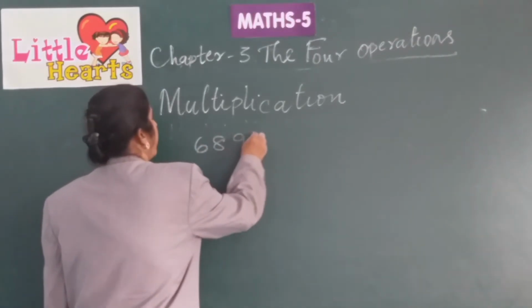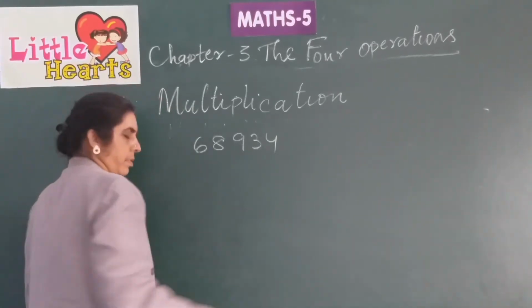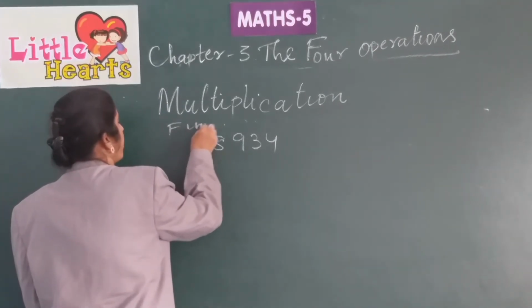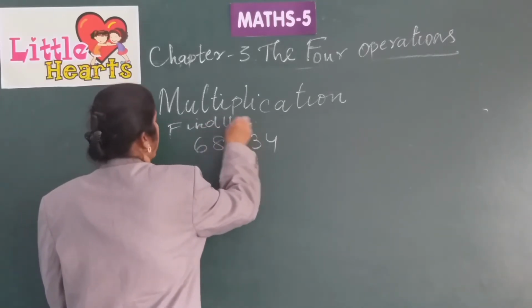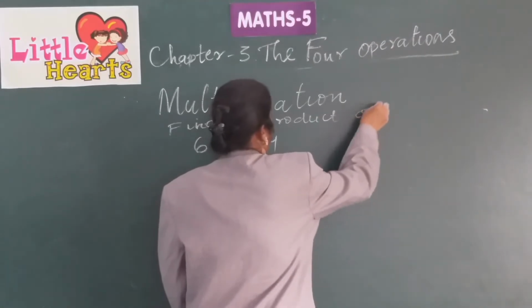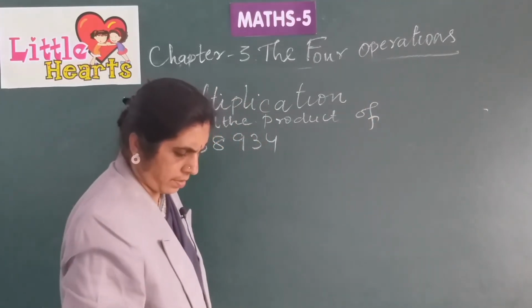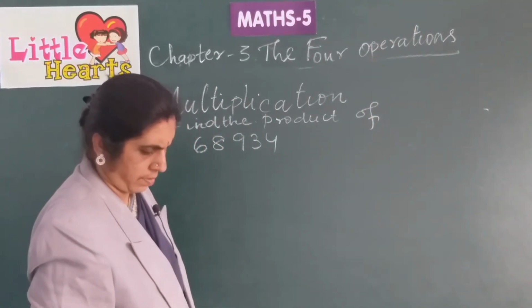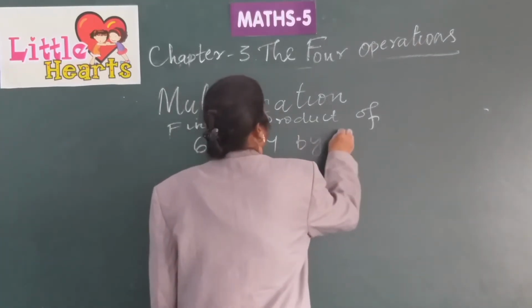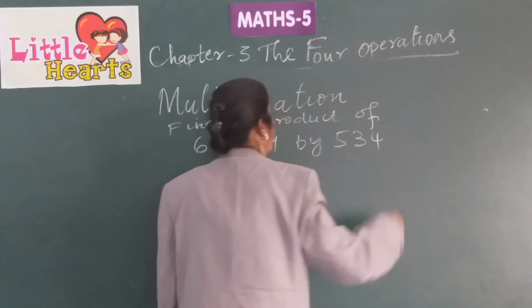Six, 8, 9, 3, 4. Find the product of 68,934 by 534.